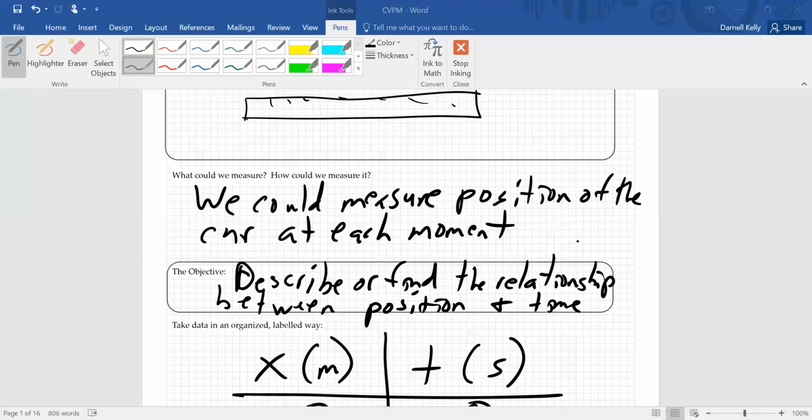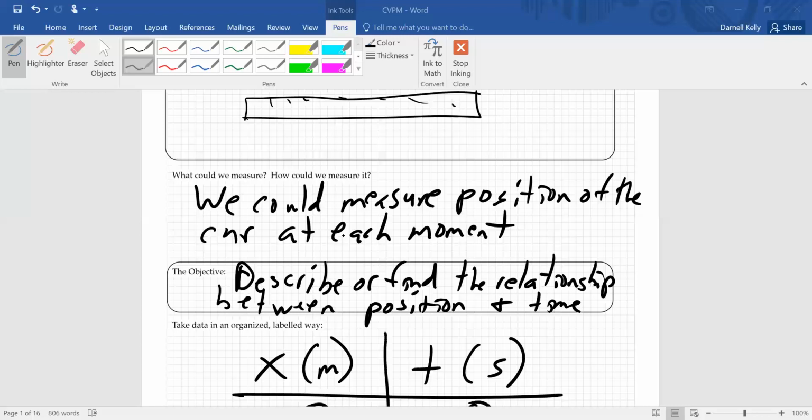Is there a relationship between the two? Take all the data, put it into a chart, and let's see. We believe there is. Our objective, our hypothesis, is to find the relationship between position and time.